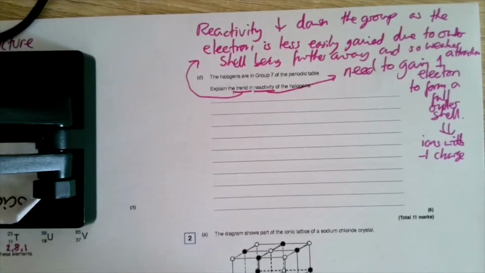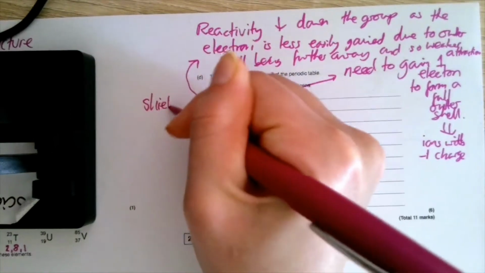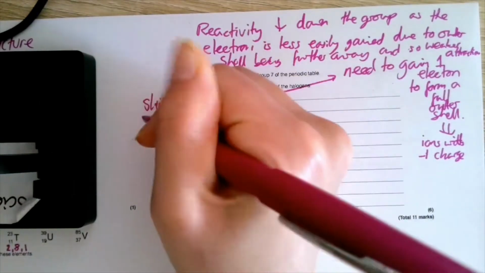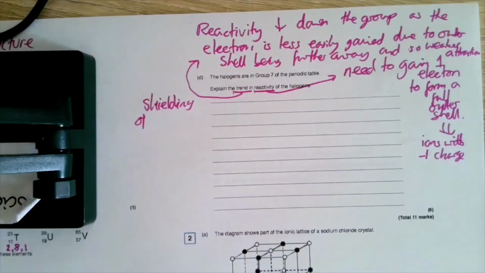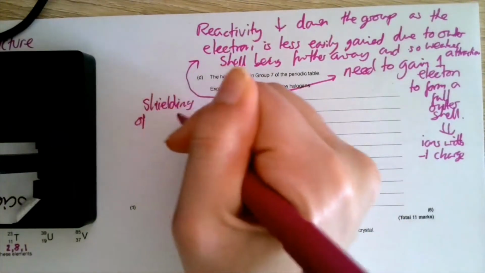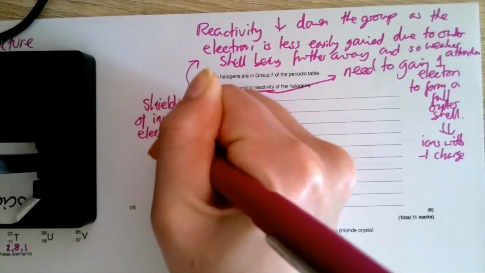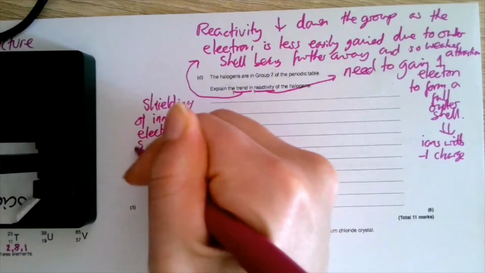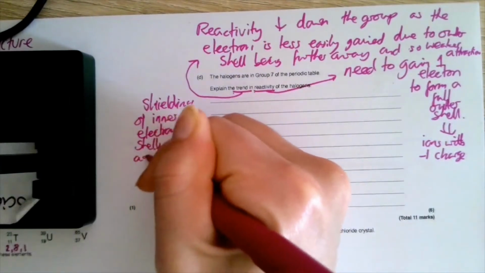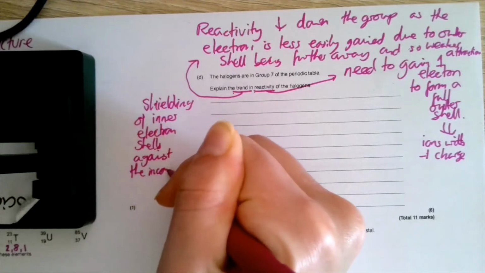The other thing we want to do is talk about shielding of the inner energy levels against the incoming electron.